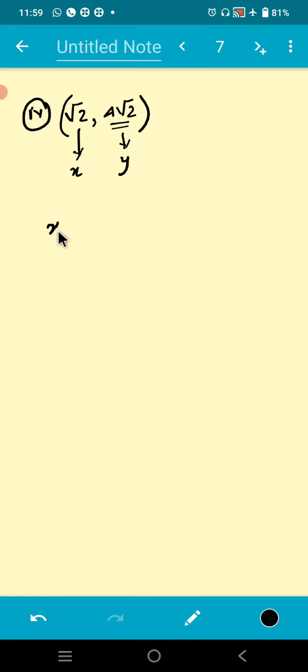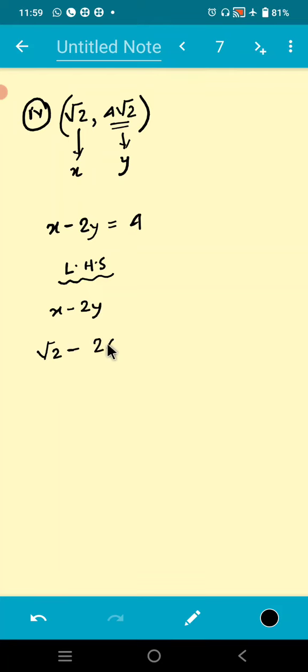Okay, so x minus 2y is equal to 4. So again we will write LHS. What is in the LHS? x minus 2y. So in place of x we will write root 2 and in place of y we will write 4 root 2. Now we cannot do anything with this one, so we'll keep it intact.